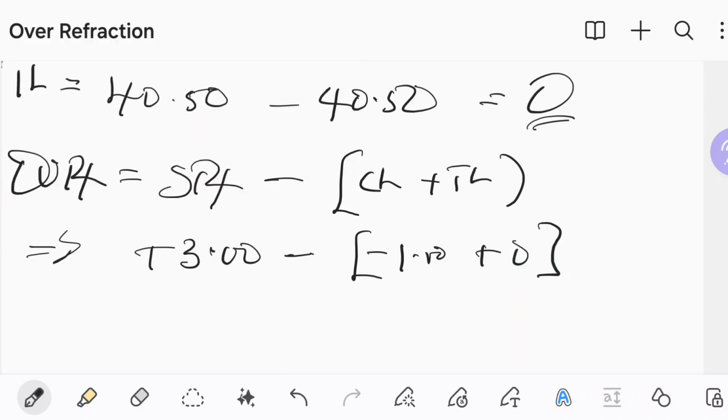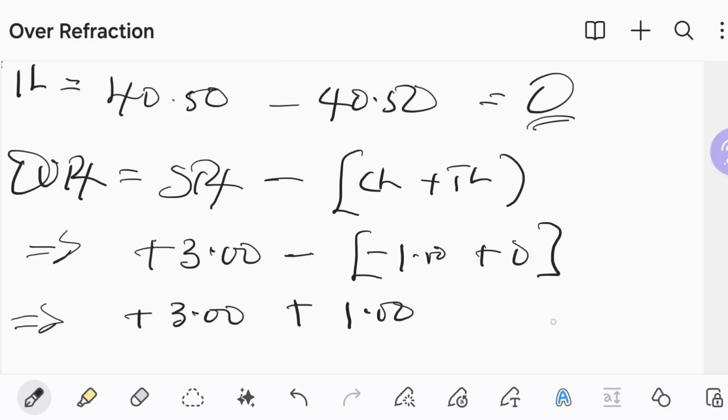Okay, so we continue. If we open this bracket, plus 3.00, this plus this is still 1. So when we open this bracket, it will be plus 1.00, because minus times minus is plus. So this is it.